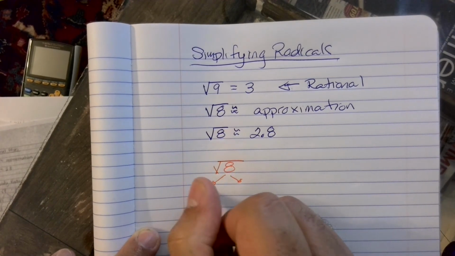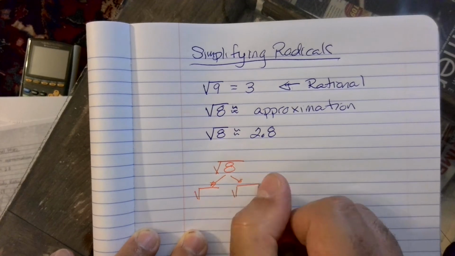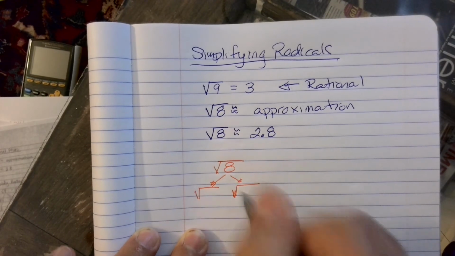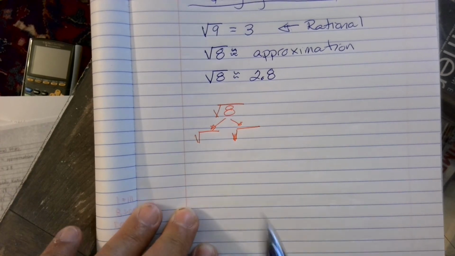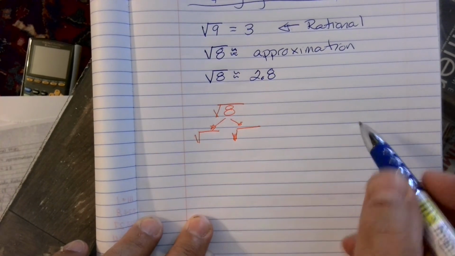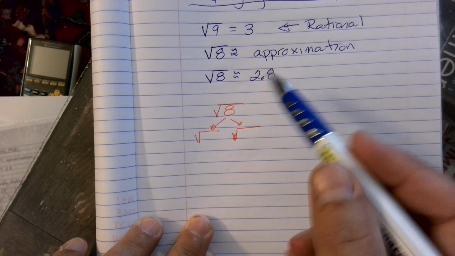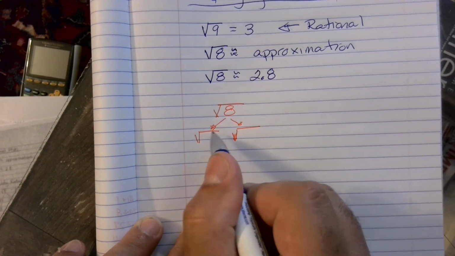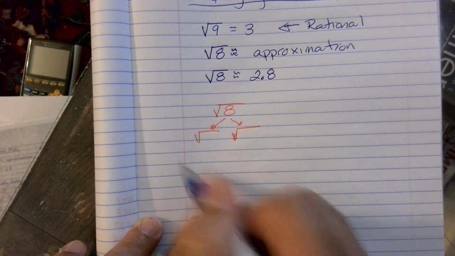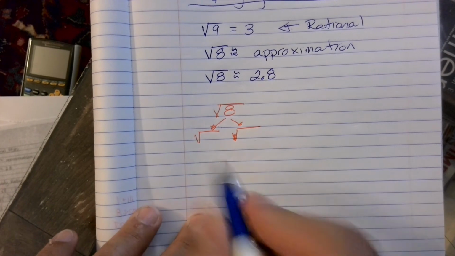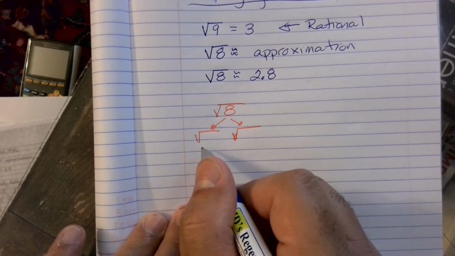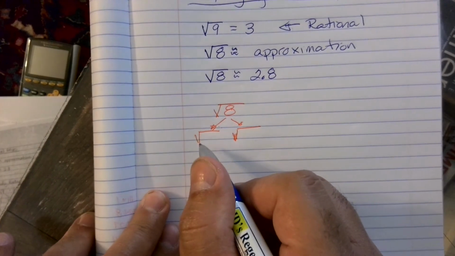into the multiplication of two radicals. Since we're simplifying, we want to find something that's going to be rational, something that's going to come out of the radical. And the only thing that would come out of a square root is a perfect square.